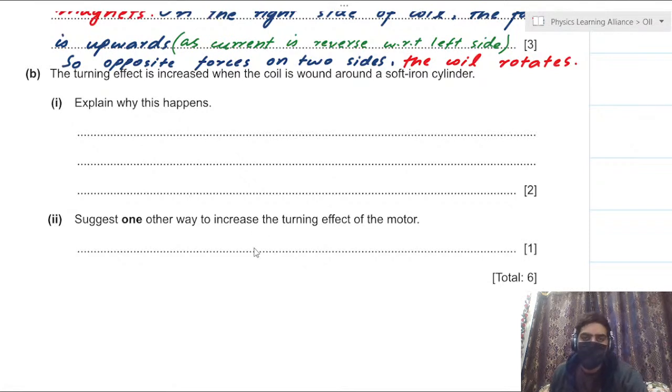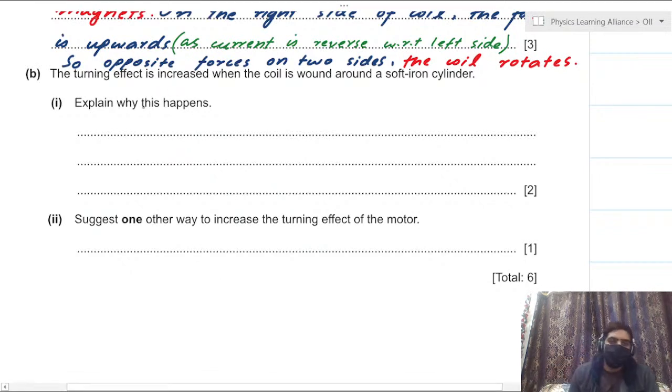So if you wound the coil on a soft iron cylinder, it would produce a stronger magnetic field, because iron is a magnetic material. It would act like a temporary magnet. It would magnetize easily, and hence you'll get strong force.